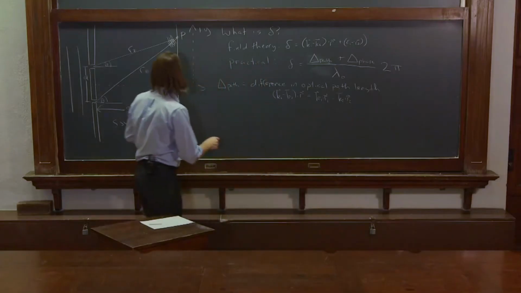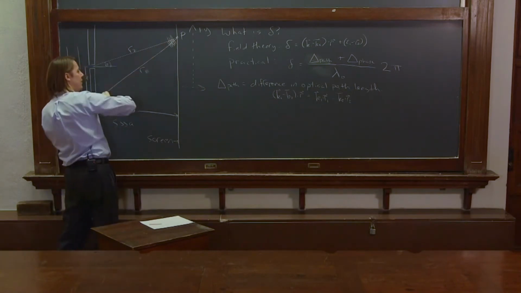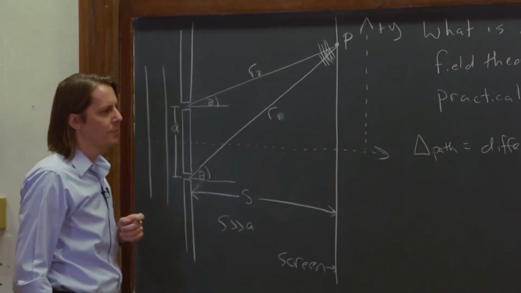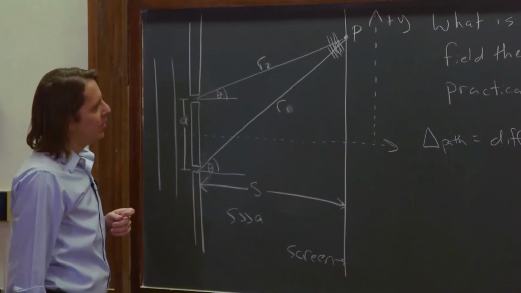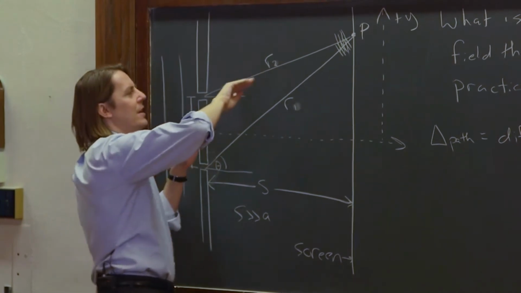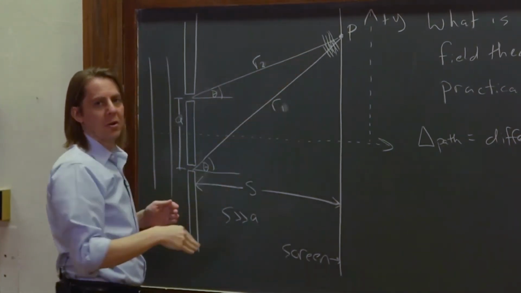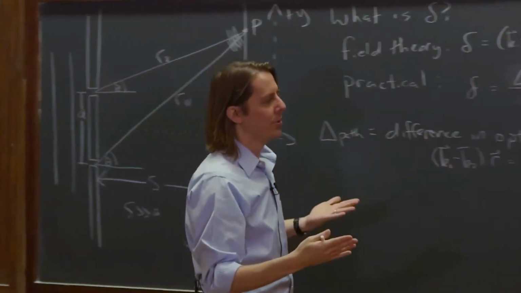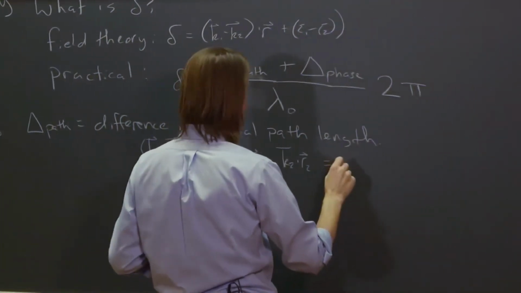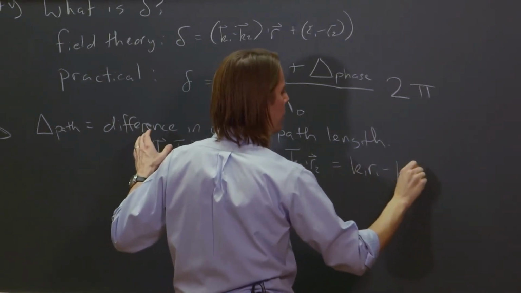Right, so each one of these plane waves has its own k vector, times these two different r's. And then you say, if the angles are small, first of all, you can say that in each case, k is in the same direction as r. So you don't really need the dot products in this case. So that's just k1 r1 minus k2 r2.